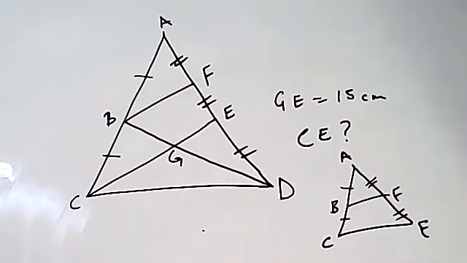What can you say about BF and CE? BF is half of CE, right? What else can you say about BF and CE?